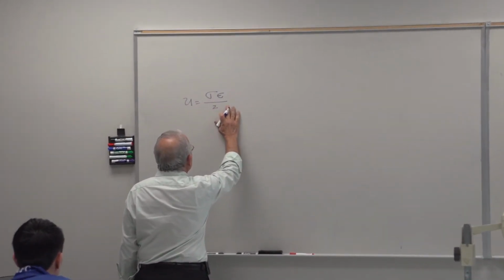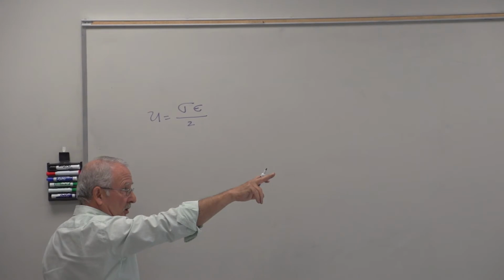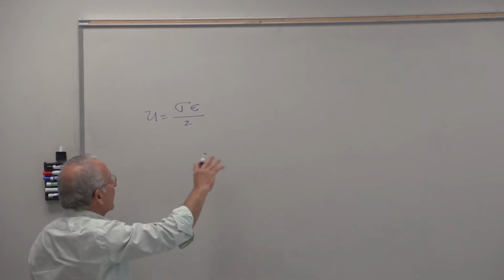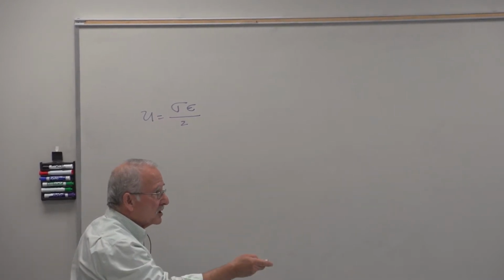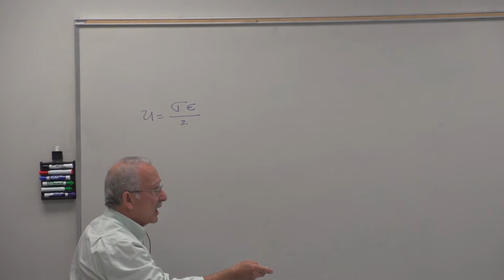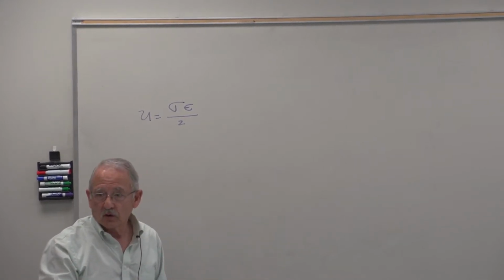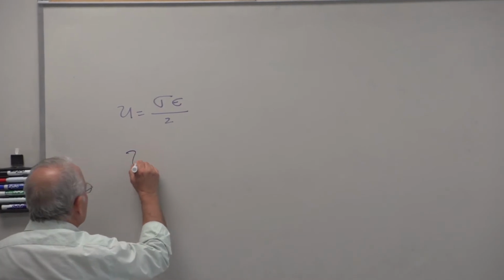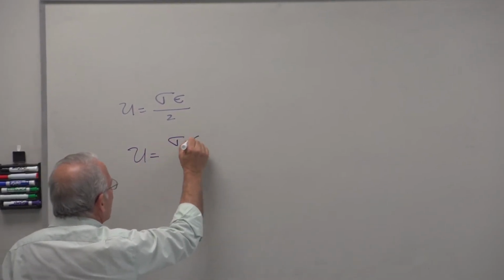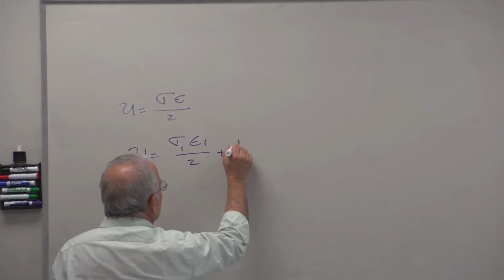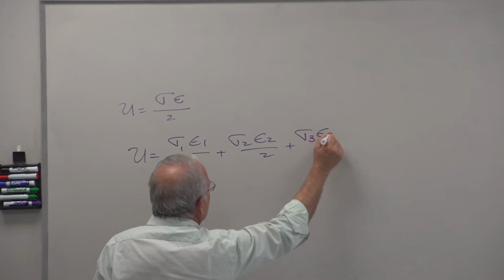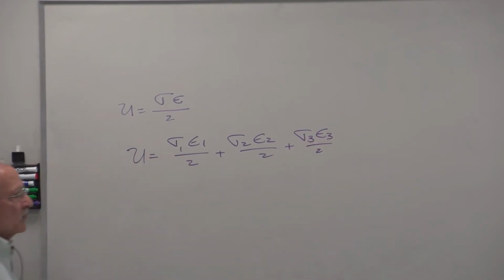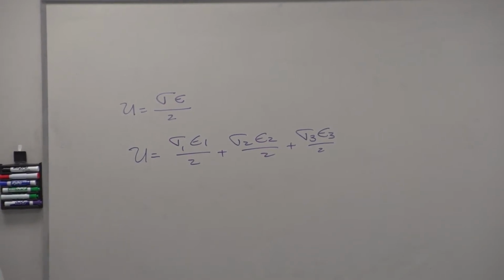So let me do this. In order to find the total strain energy under the general state of stress, such as what you see there, we add together the strain energy produced by sigma 1, sigma 2, and sigma 3, all of them. Therefore, U will be equal to sigma 1 epsilon 1 over 2, plus sigma 2 epsilon 2 over 2, plus sigma 3 epsilon 3 over 2. That's through the principle of superposition.